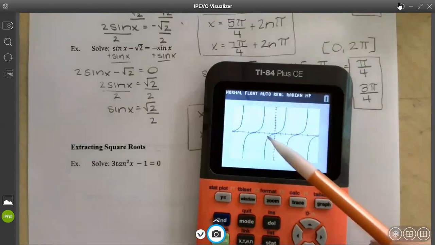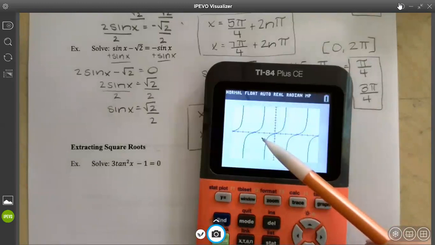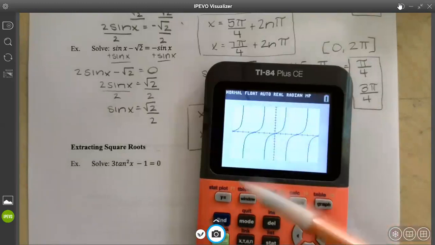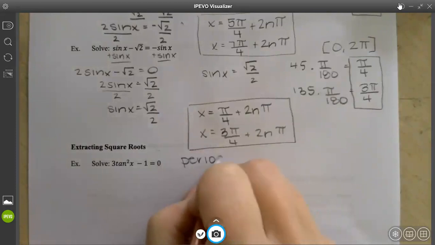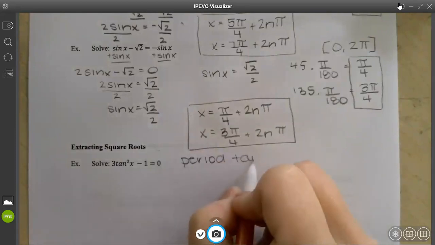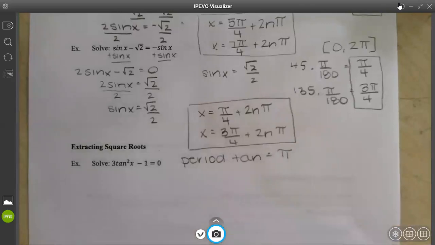Negative pi over 2 to positive pi over 2 is 1 pi, right? The period for tan is not 2 pi. So when we write that general form, we're not going to use 2 pi. Again, why? Because the period of tangent is only 1 pi, and then it starts repeating itself.